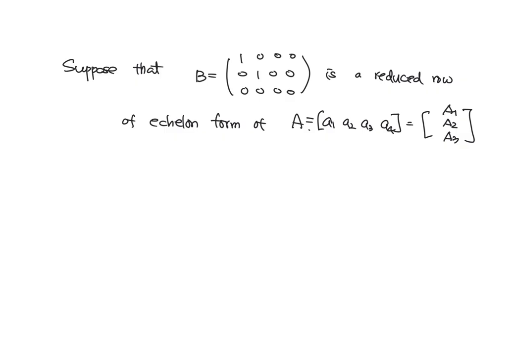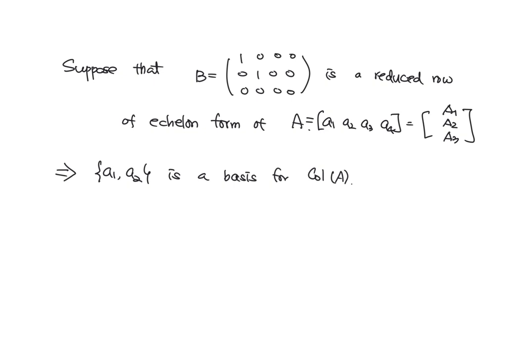Then the previous theorem claims that when I choose the set of a1 and a2 in A matrix, that will be a basis for the column space of A.